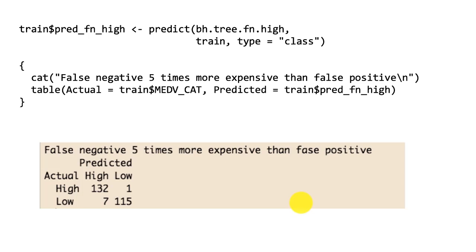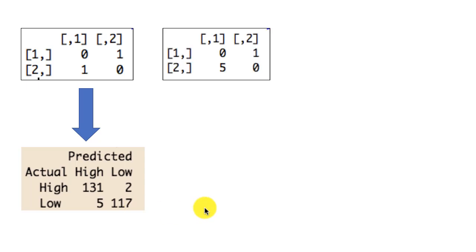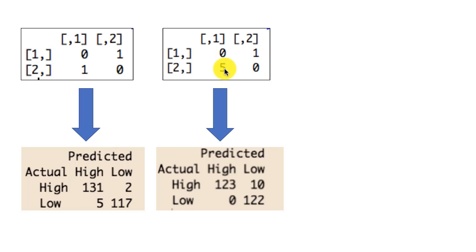Okay, so let's put them all together here. With the symmetric cost, this is what you get. With asymmetric, notice that this cell is highly penalized, so the number of elements in this cell is going to go down, because whatever goes into this particular position is going to be penalized. In fact, it goes all the way down to 0, and more of these end up there now, because its threshold for classifying something as high has gone up, so it classifies some of them as low, so low has gone up here.